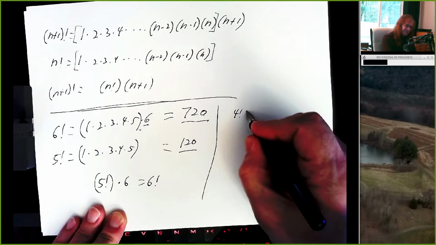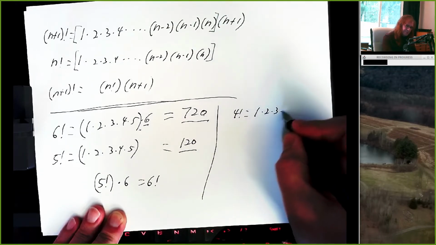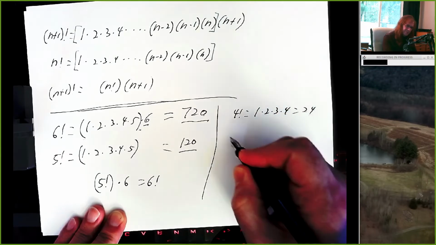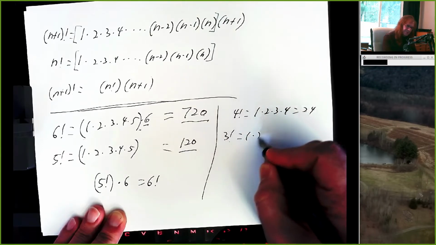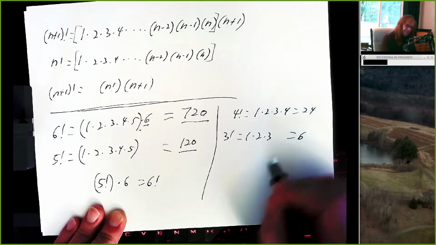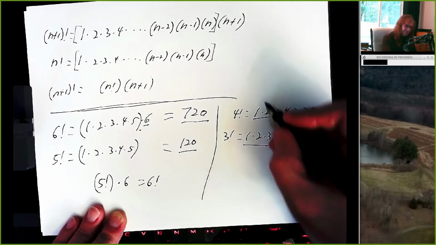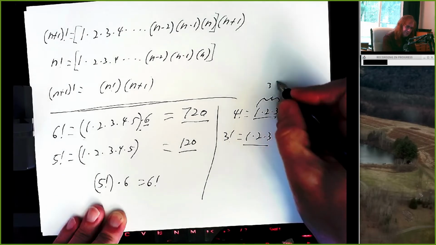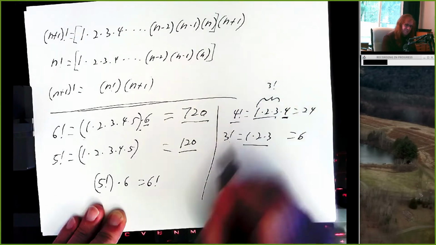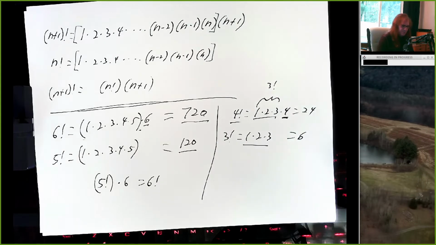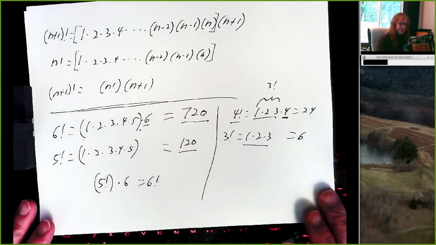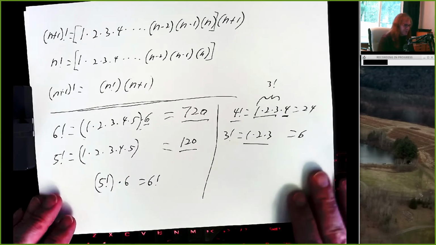Like try 4!, which is 24. 3! is this. And so if I take 3!, which is this piece, and I multiply by 4, suddenly I get 4!. And try that with a few other numbers, and I think it'll start to click a little more.